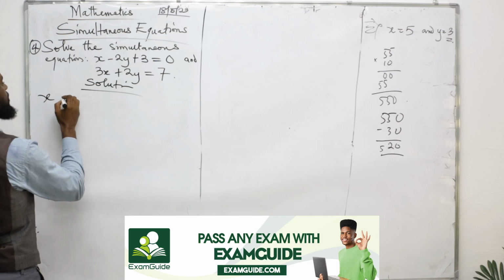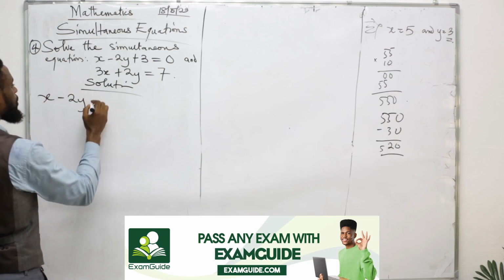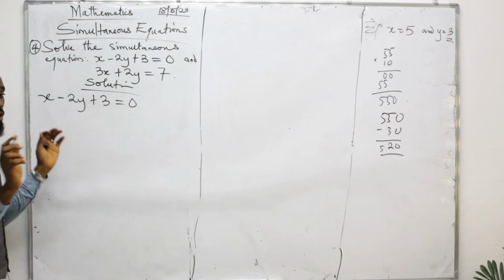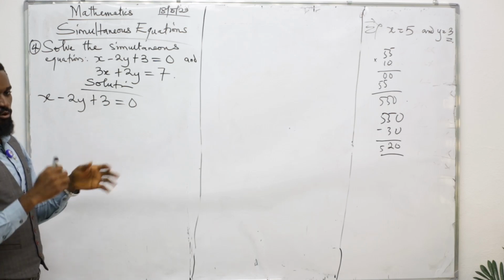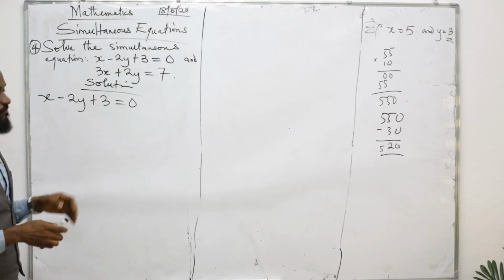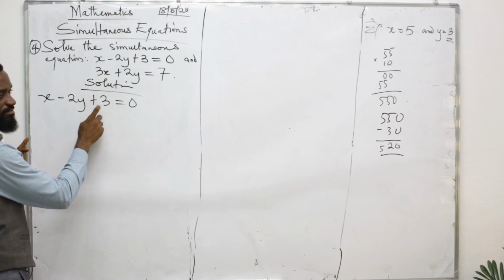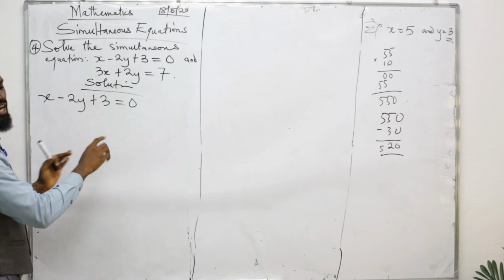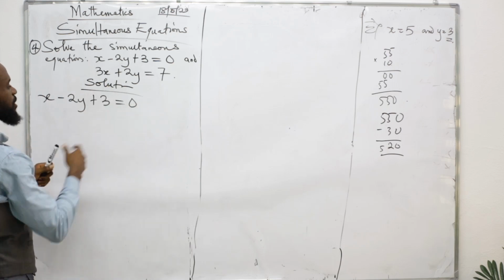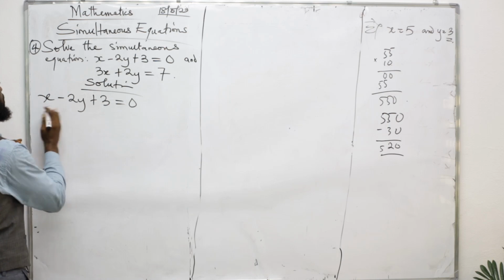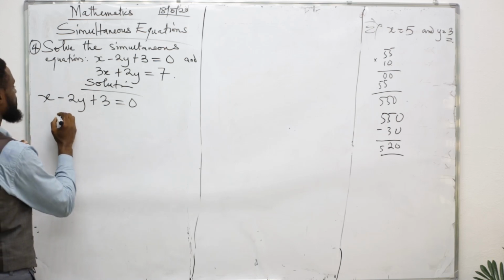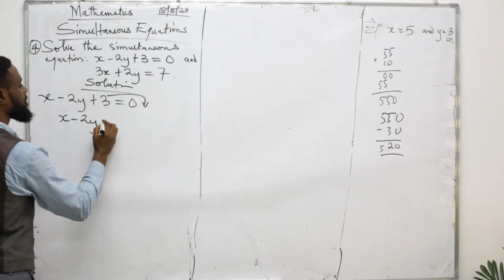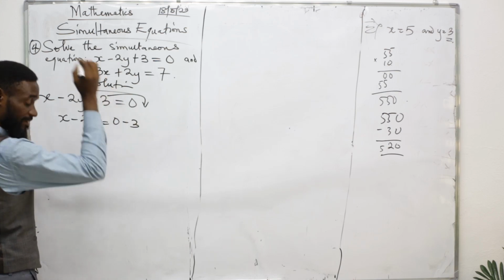So we have x minus 2y plus 3 is equal to 0. Now look up. These guys just want to twist your head a little bit. This 3 has no business here. Just take it to where you have the values of real numbers. Take it to the other side of the equation so that only terms with variables are found on one side. So this means x minus 2y, take 3 to this place, is equal to 0 minus 3.